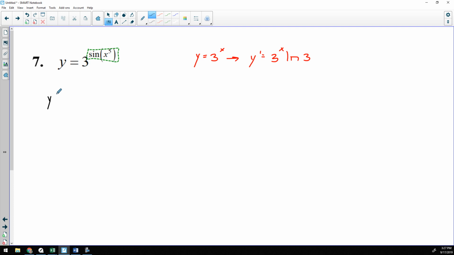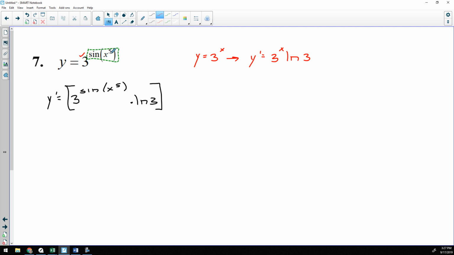So y prime is 3 to the sine of x to the 5th times the natural log of 3. Okay, and all of that was just the derivative of the 3 part, so the 3 to the stuff. But then, now that I've knocked that out, I look inside that, and inside that I see a sine of x to the 5th, and this itself is a chain rule, because inside the sine, I have an x to the 5th.